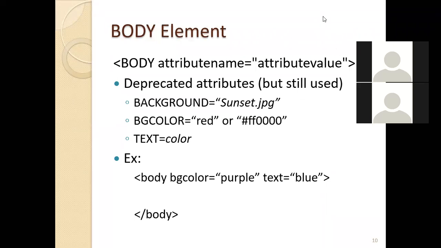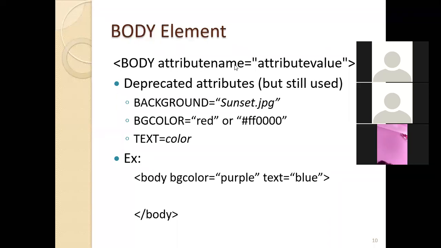Body elements. This is within your HTML element, after the head section. For the body, you can have additional attributes. Additionally, you can have the background color, which means your page background. When I refer to this, body bgcolor equals purple, now my page background color will be purple.